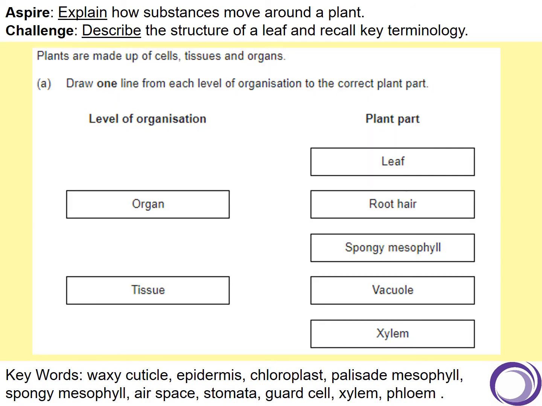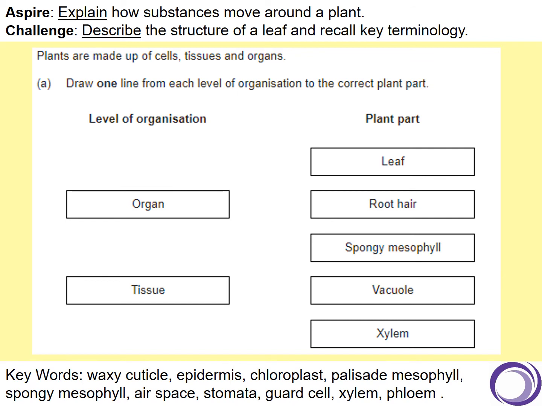So these are the types of exam questions you might get. Can I just tell you some common mistakes with these types of things? You see where it says draw one line from each level of organisation to the correct part of the plant. Even though it's the one and it's in bold, we still get students who will try and match them all up. So they'll draw 5 different lines there.